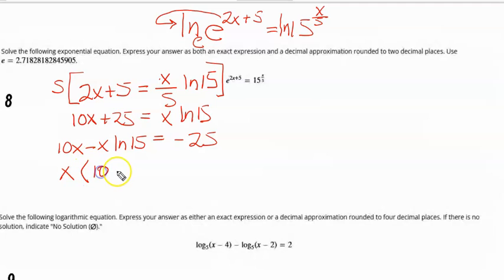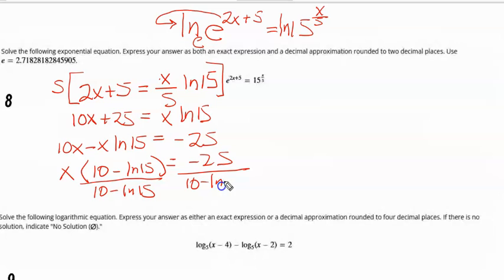We get 10 minus natural log of 15 equals a negative 25. And I think you see what's coming already. To find out what x is, we divide both sides by this, 10 minus natural log of 15. 10 minus natural log of 15. And let's see what you get.